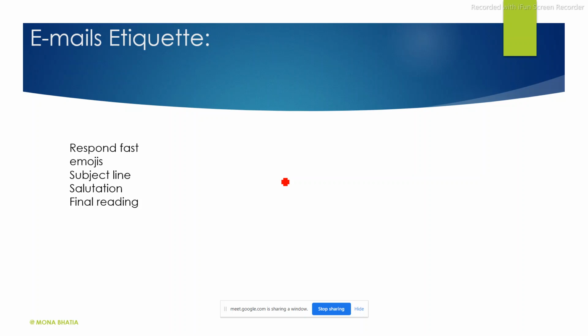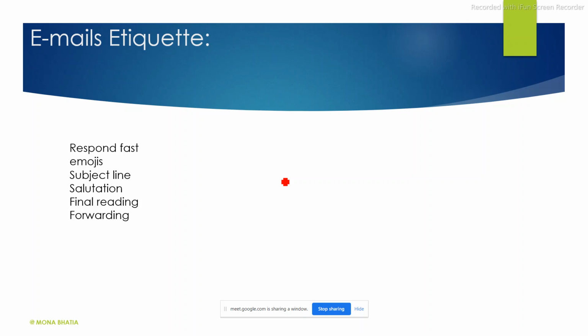Okay, so the next point is you have to keep a limit on how many times you will forward your email, because there is a thing where you can forward your emails to your colleagues, because they do the same to you.